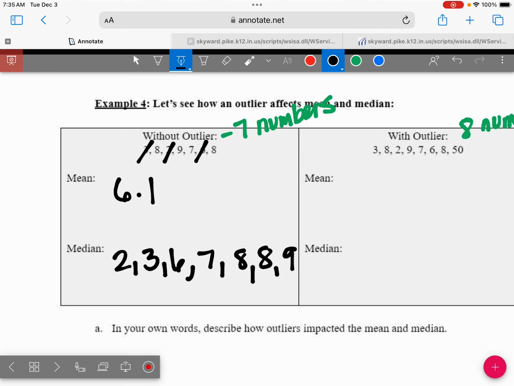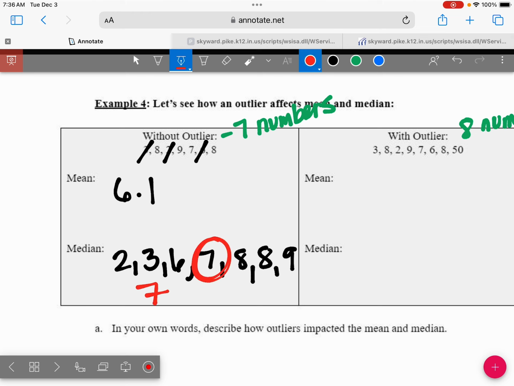Okay. Go ahead and figure out the number in the middle. So what number is in the middle? 7, good. That would be my median.